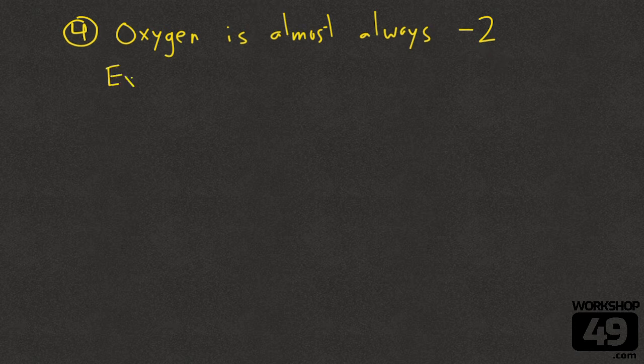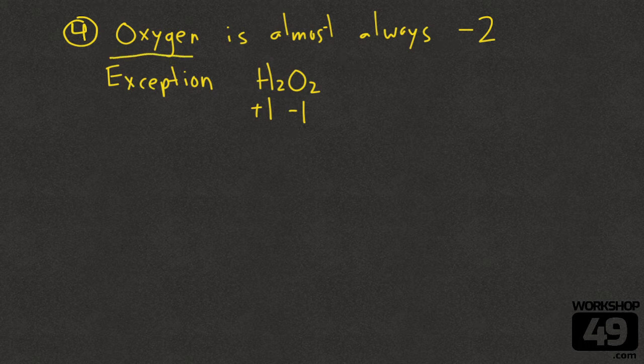An example of an exception is hydrogen peroxide. In hydrogen peroxide, it's not -2 because the hydrogen is +1 and it forces the oxygen to be something else. In this case, the oxygen is a -1 to keep this neutral. But otherwise, oxygen is almost always -2.